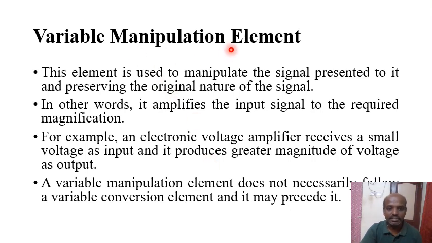Then the variable manipulation element. We have generated output from the measurement side, but we get a low value of signal, which is not enough to drive the next stage of the system. At that time we need to improve that signal. That is what we call variable manipulation. We improve the signal without affecting the original information.